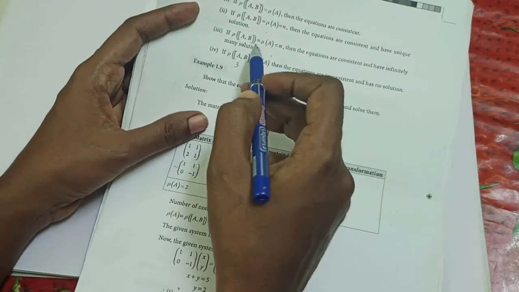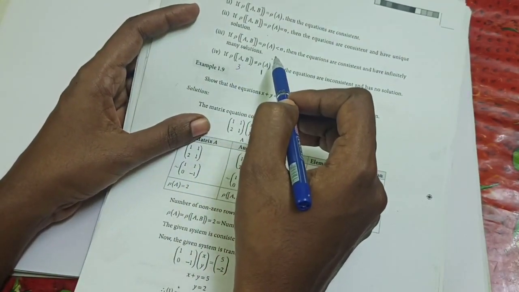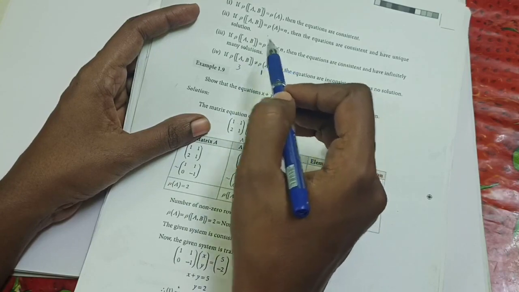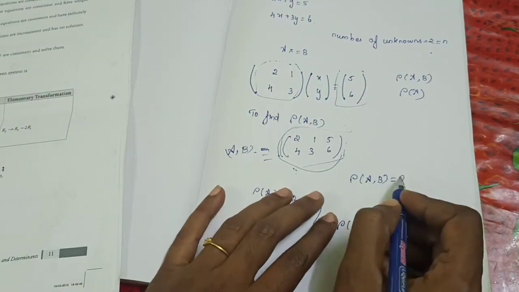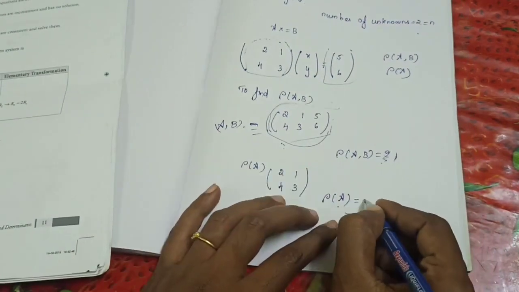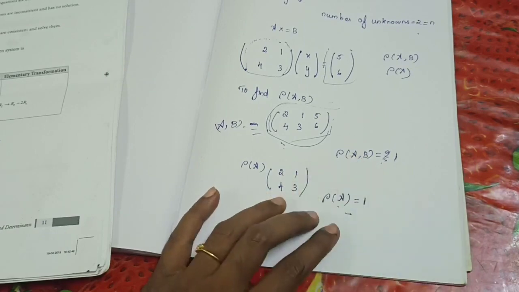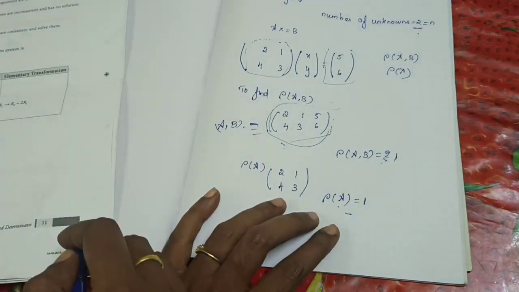Understand? Then the next one. If rank of A comma B is equal to rank of A less than n. Maybe in this question I am getting the answer rank of AB is equal to 1. Then rank of A is equal to 1. How many unknowns are there? 2 unknowns are there. Is it right?